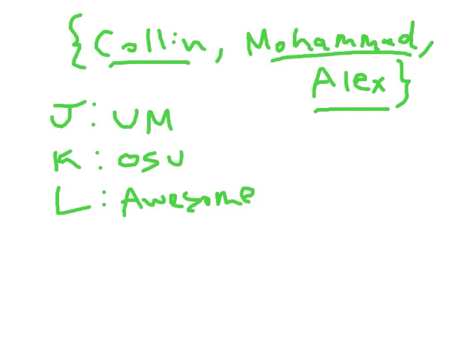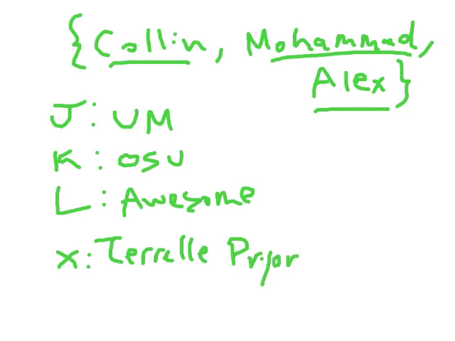So, suppose X is Terrell Pryor. We can say that we found an X in K, but X is not in L. Therefore, we can conclude that K is not a subset of L.